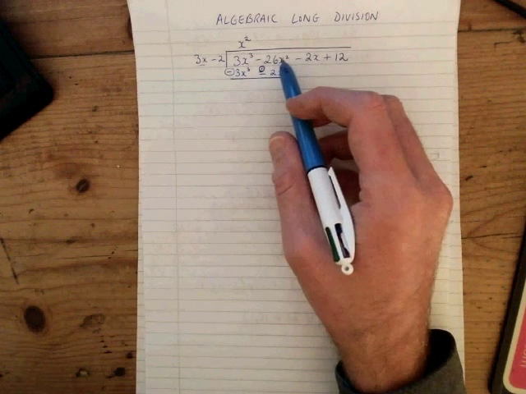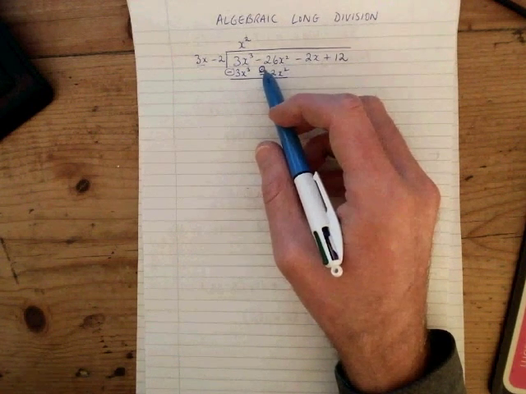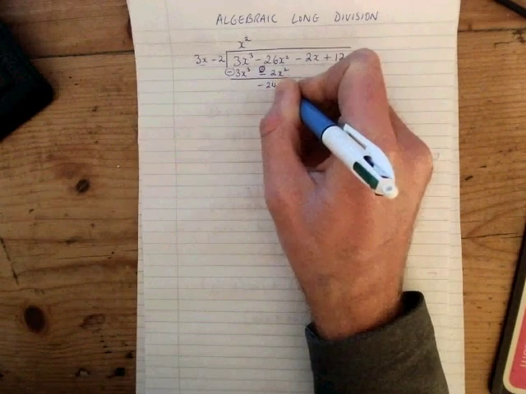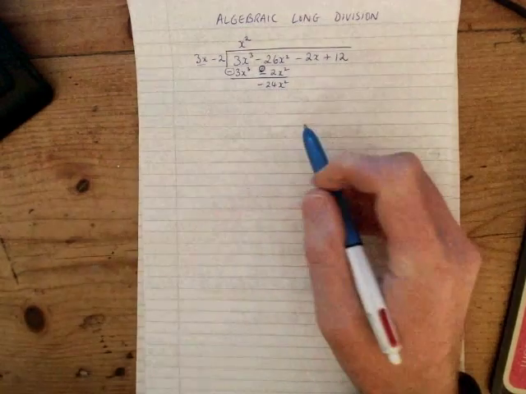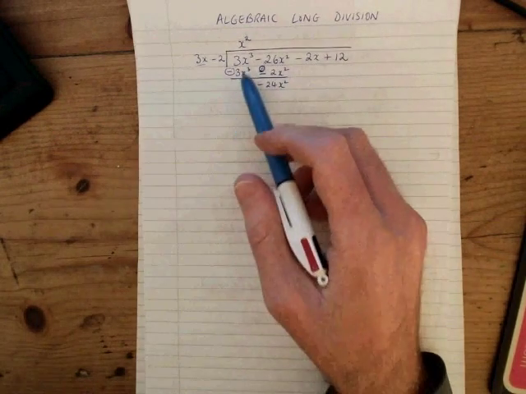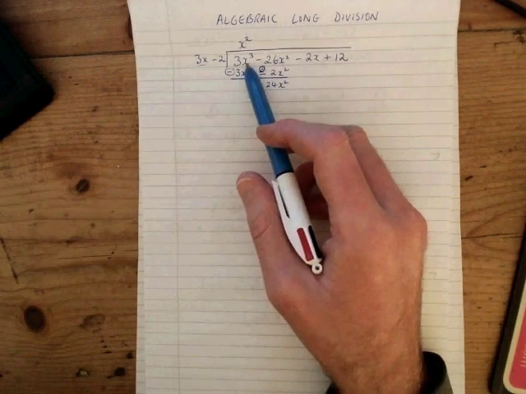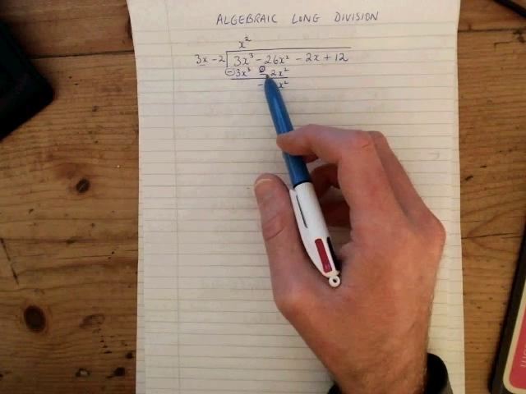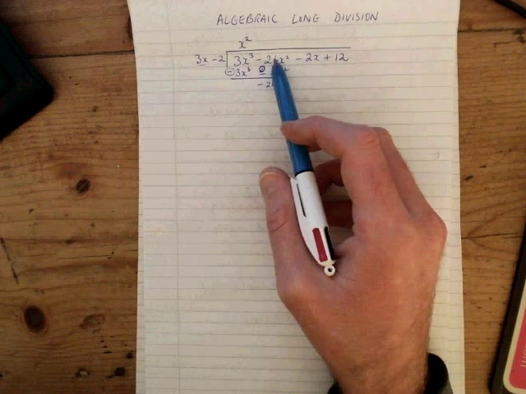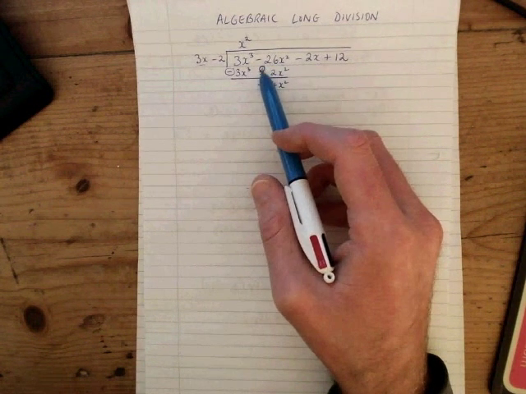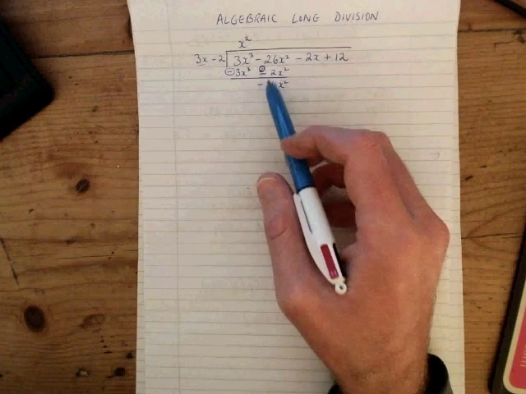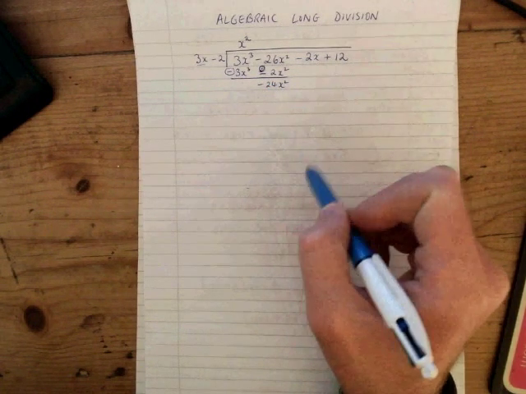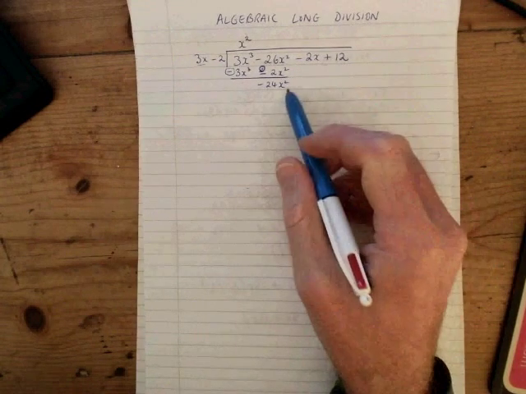So we have minus 26x squared plus 2x squared, which is minus 24x squared. We've subtracted this from 3x cubed and got 0. We've subtracted minus 2x squared, which means adding plus 2x squared, and that gives us minus 24x squared, because minus 26 plus 2 is minus 24.